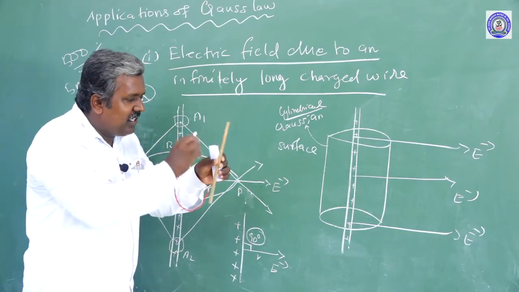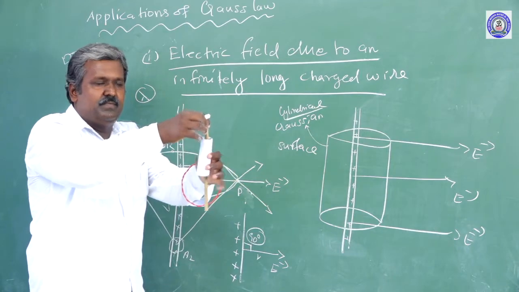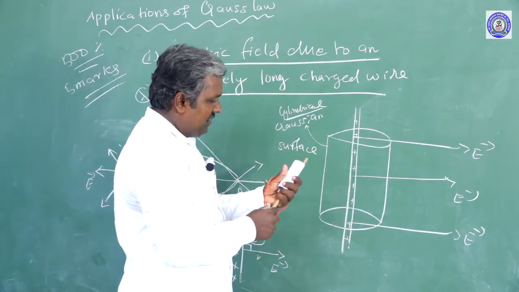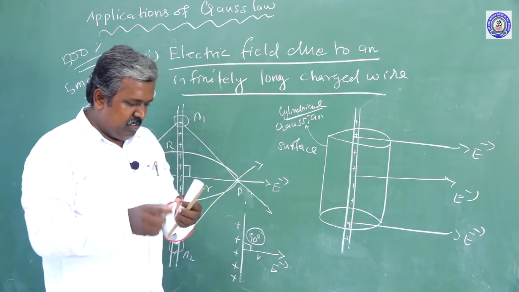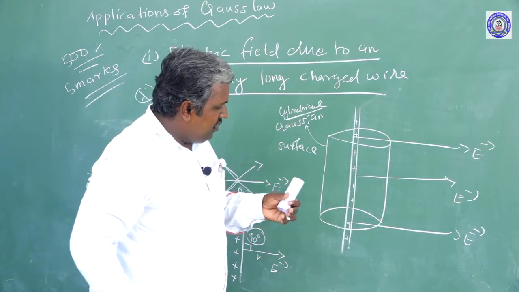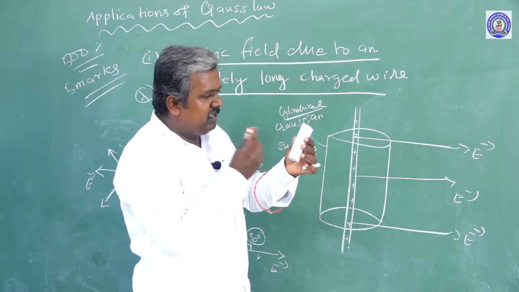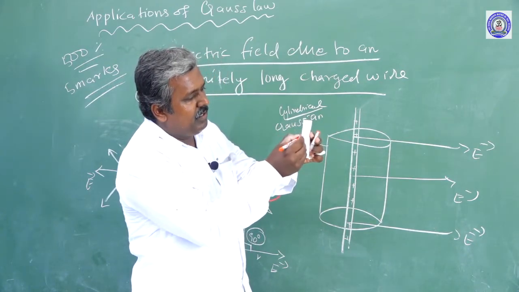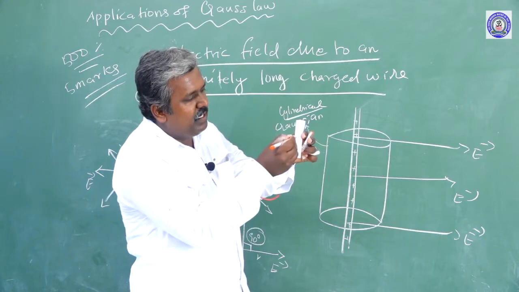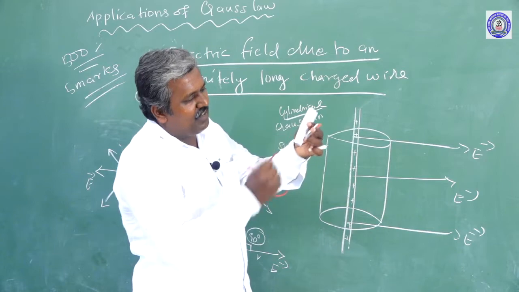Now consider here one Gaussian surface, a cylindrical Gaussian surface, like this. On this cylindrical Gaussian surface, consider one small portion of this closed surface.